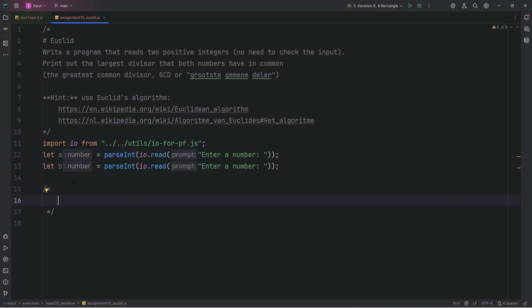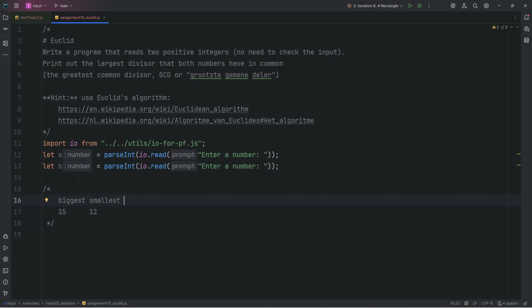Let's assume that I have two numbers. Let's call this the greatest number, or the biggest number, and the smallest number. And let's assume that we're going to be given 15 and 12.